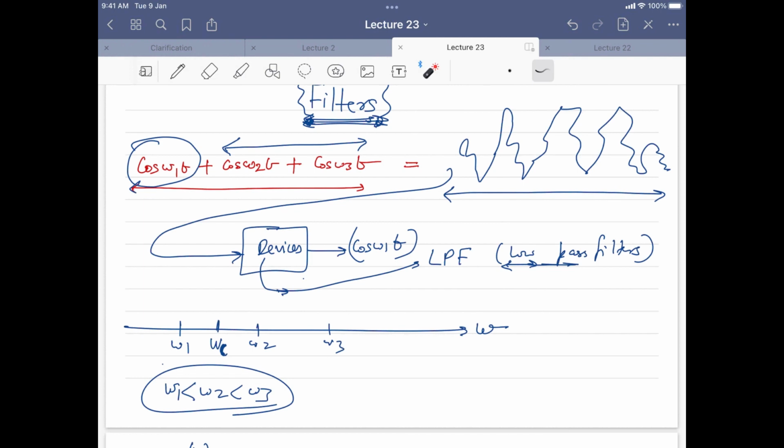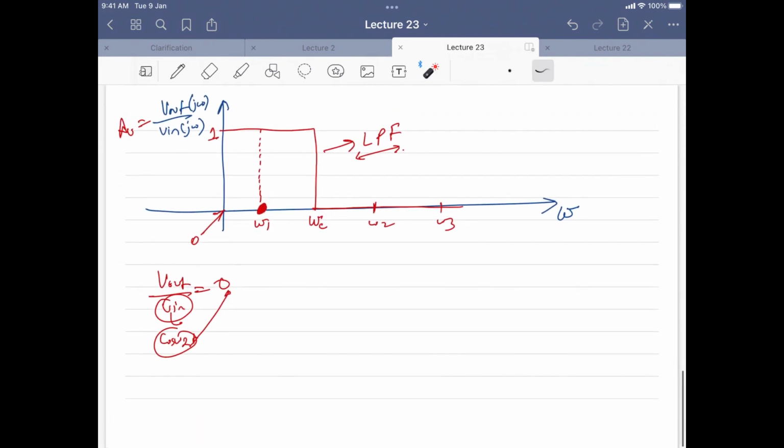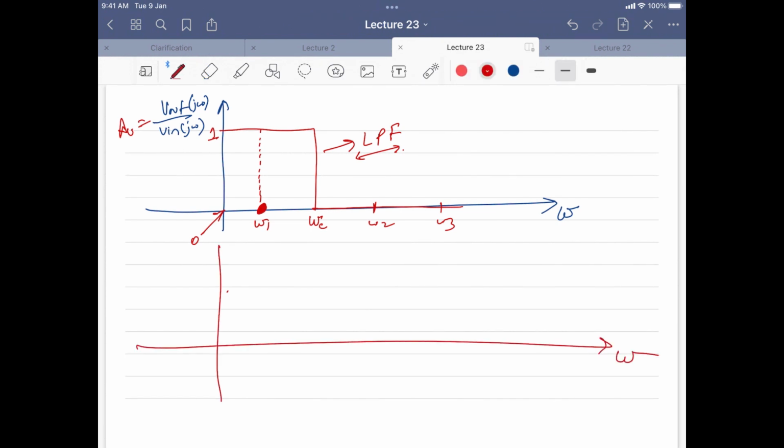Okay. So as you told me, if I want to pass only omega 3, how will the circuit look? The circuit will look like this. You have omega 1, then omega 2, then omega 3, and now you will have an omega C here, let us say.